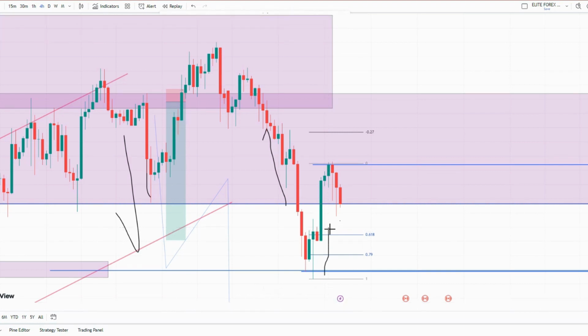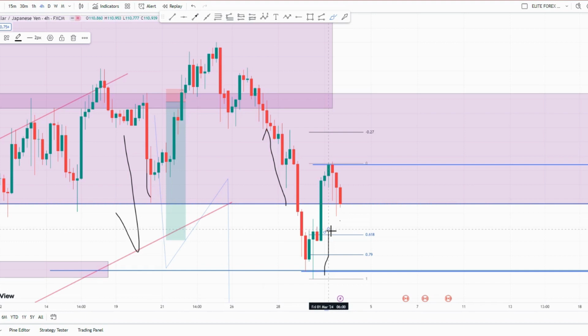At the 0.618, that is where I will wait to take my buy entry, and then I will place my stop loss below my 0.79, at least about 20 pips. That's if I don't want to go aggressive.